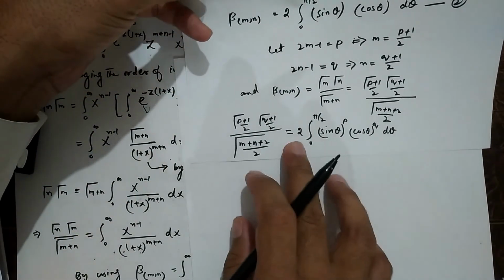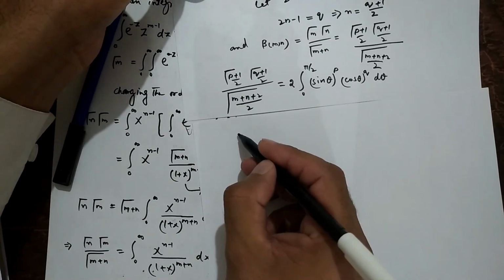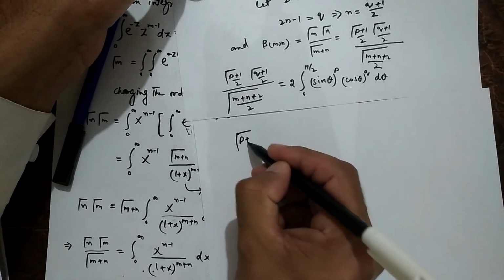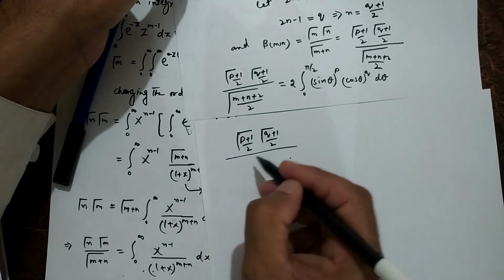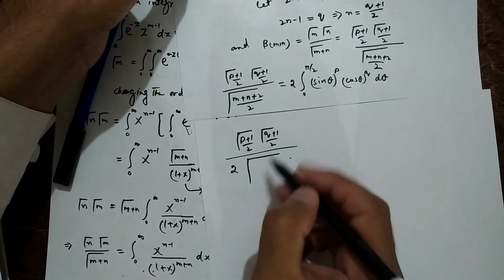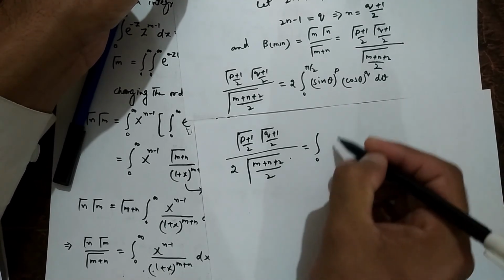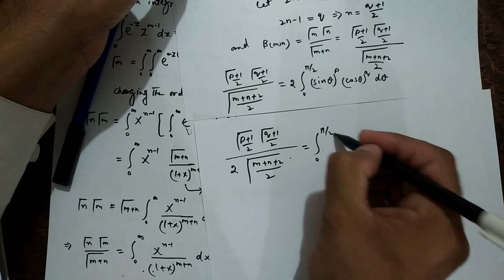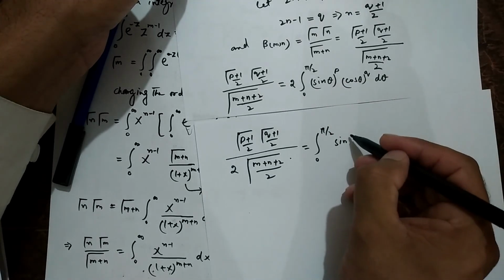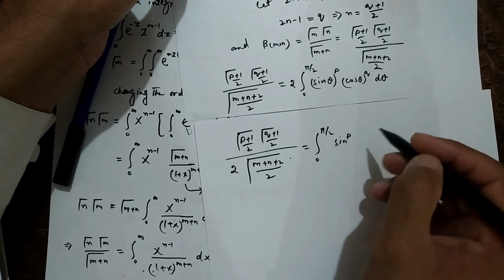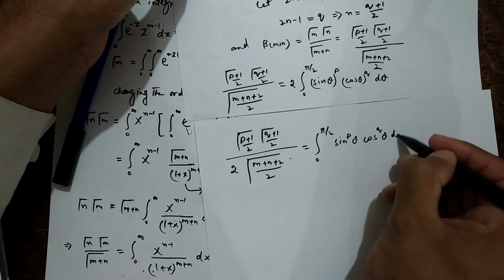Or bring this 2 to the left side, it will be gamma p plus 1 upon 2 gamma q plus 1 upon 2 divided by 2 times gamma p plus q plus 2 upon 2, which is now equal to the integral from 0 to pi upon 2 sine to the power p of theta, cos to the power q of theta, and d theta.